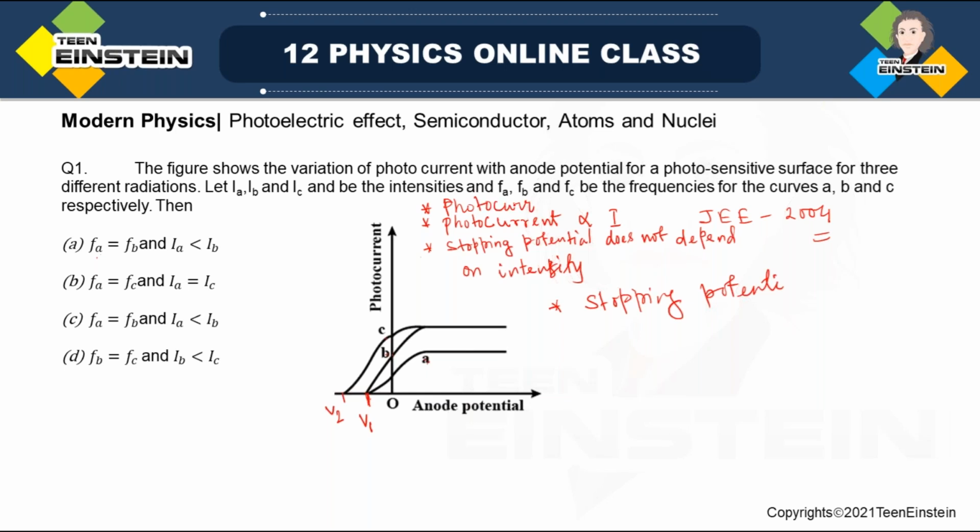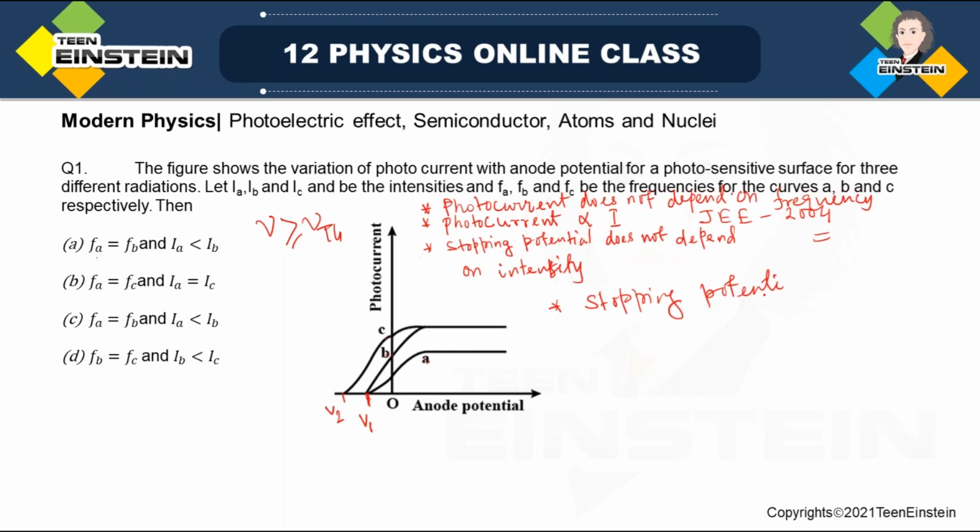In the sense of the magnitude of the photocurrent, obviously it depends somewhat on the incident frequency, because if your incident frequency is not greater than or at least equal to the threshold frequency, then a photocurrent cannot be obtained. So not in that sense do I want to say that the photocurrent does not vary with frequency.